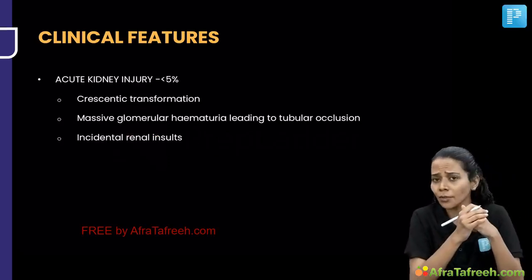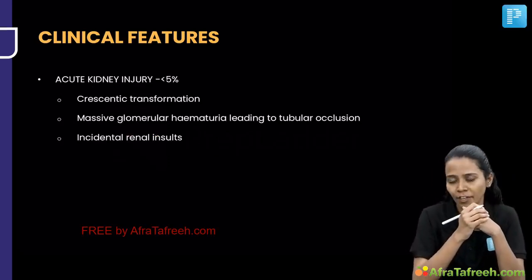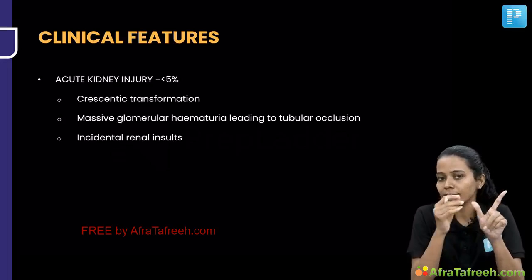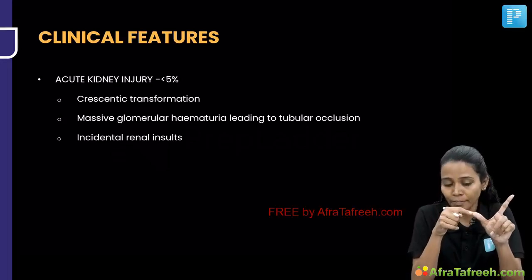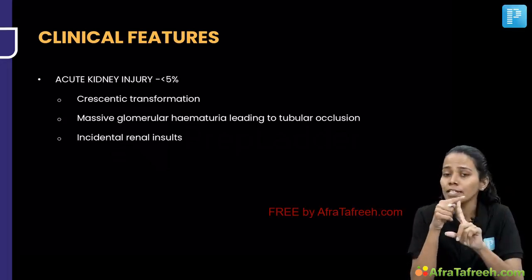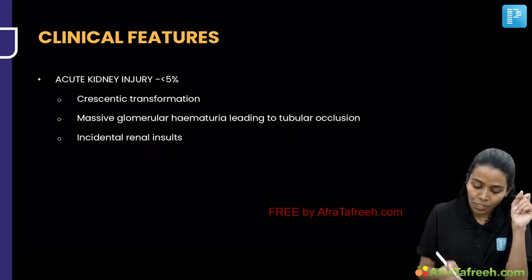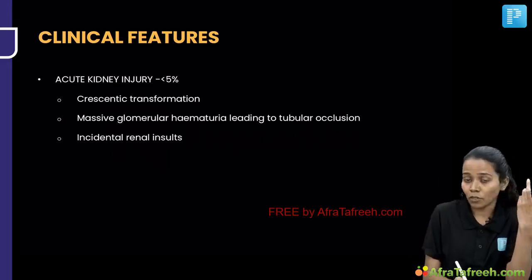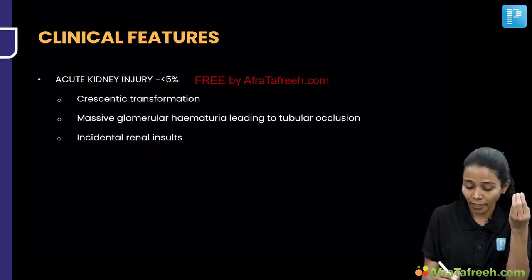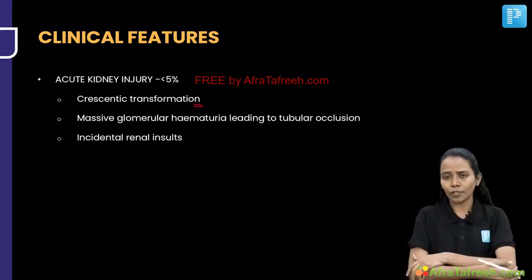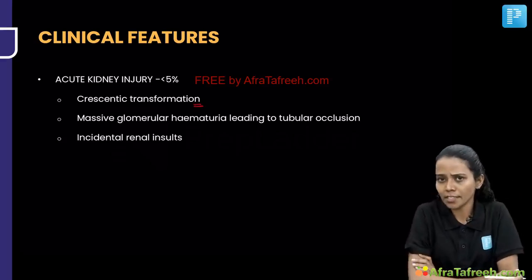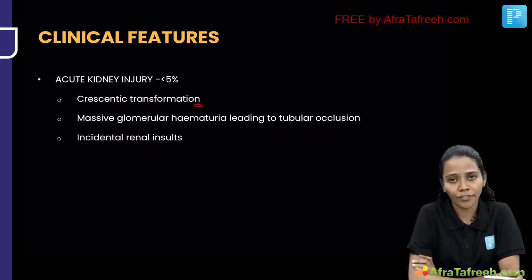Now, acute kidney injury also is less than 5%. So two things that have incidence less than 5%: one is nephrotic syndrome, the second one is acute kidney injury. This can be because of two important reasons. One is the disease can have crescents. If you go to the chapter on anti-GBM, I have discussed rapidly progressive glomerulonephritis.